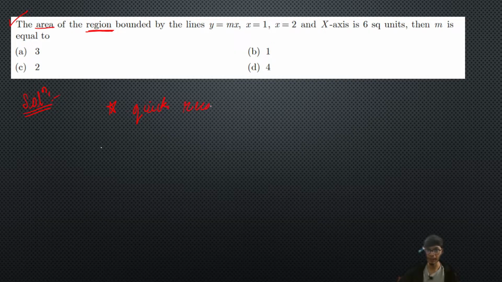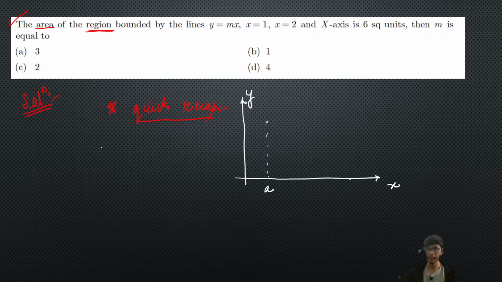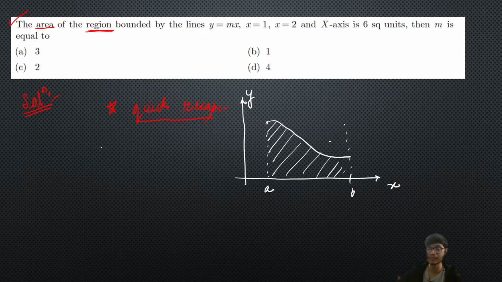A quick recap: when we have a definite integral from, let us say, a to b, for example we have a curve like this and we take a definite integral from a to b, the definite integral is basically the algebraic area.